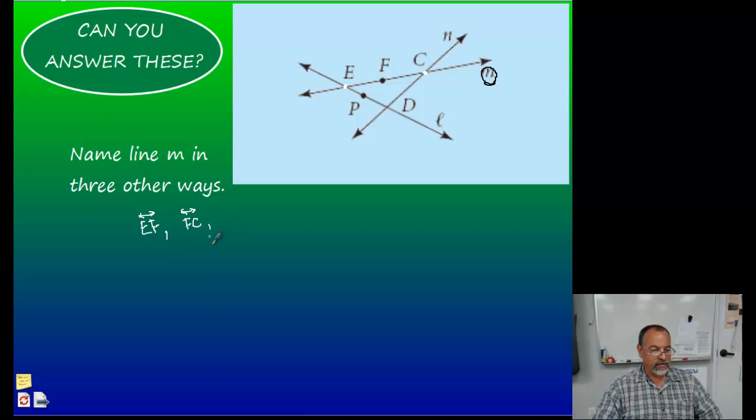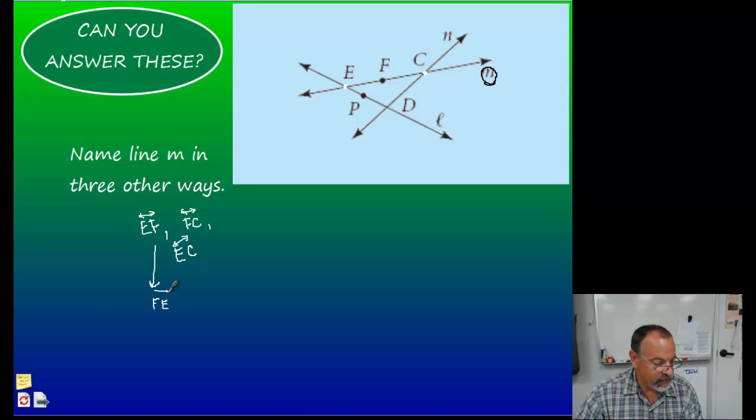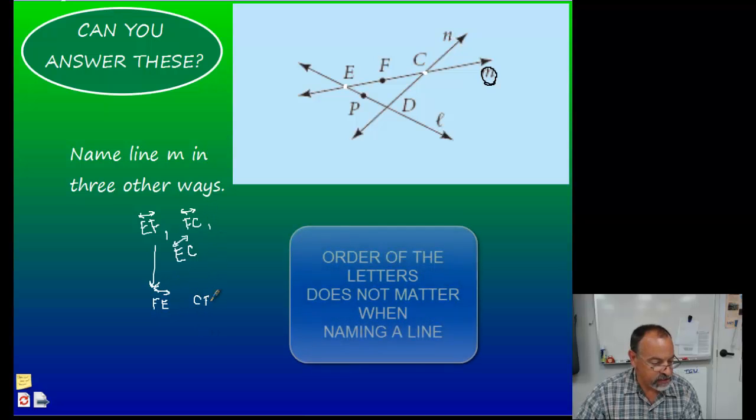Another way I could do it would be E and C. Now actually, there's another way. I could name it a different way by reversing the letters. FE would be another way. CF would be another way. And then CE, that would be even another way.